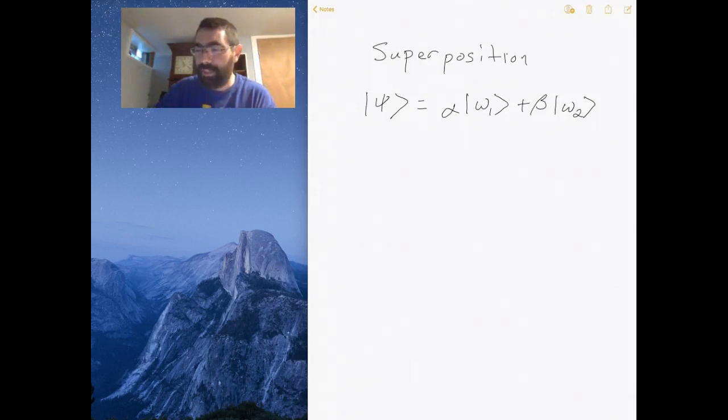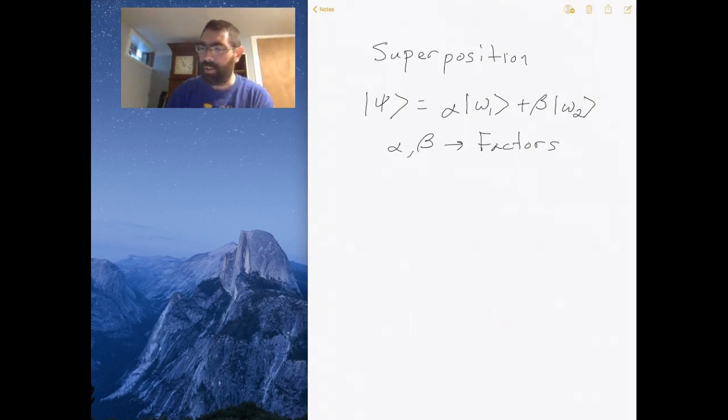Now, alpha and beta are just factors which give the strength to each eigenvector. So alpha and beta could be 50-50, or alpha has a strength of 70% and beta has a strength of 30%. These are the factors we're going to use when we try to figure out the probability density of a certain observation.